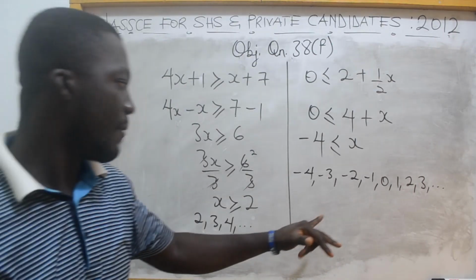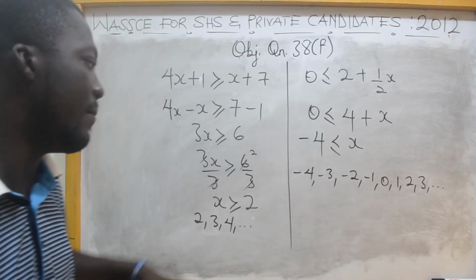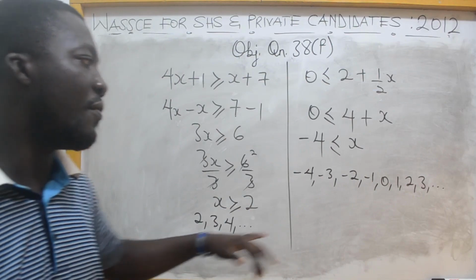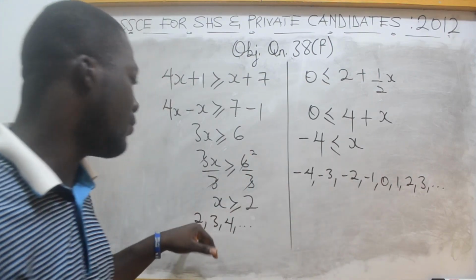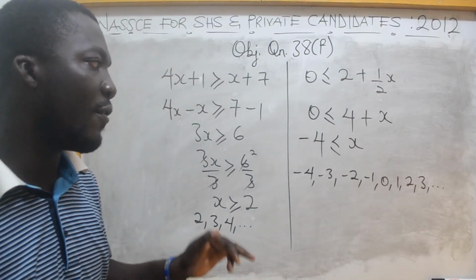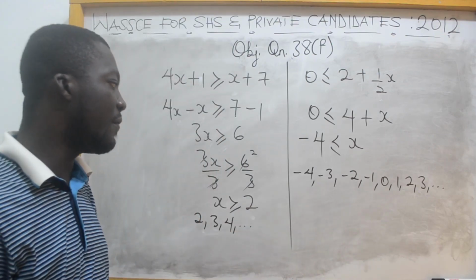You can see that here we have 2, 3, 4. So when we come here we don't have negative numbers, so we will cancel all the negative numbers. We don't have 0, so we take the 0 out. We don't have 1, we will take the 1 out. But for 2, we have 2 there. For 3, we have 3 there. And 2, 3, 4, 5, 6, 7, 8, 9, 10, up to the positive infinity.